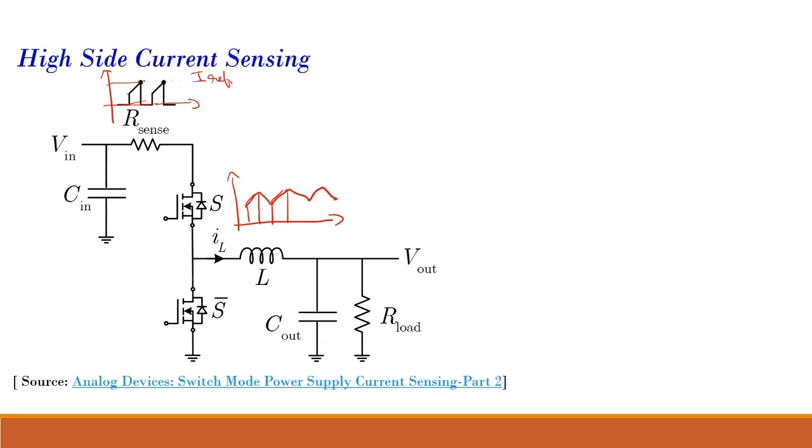When it touches that point, this switch is turned off and the current through it becomes 0. So any queries about this?